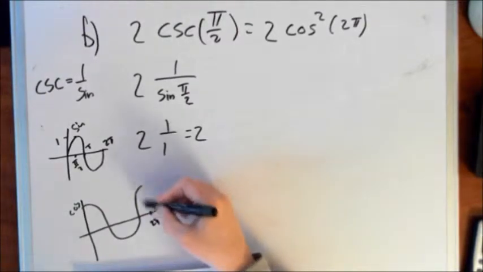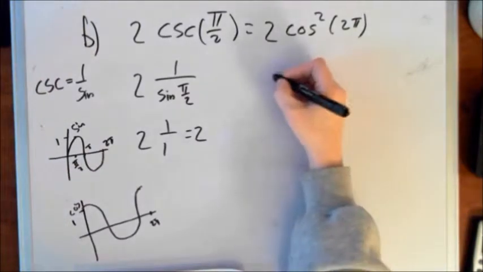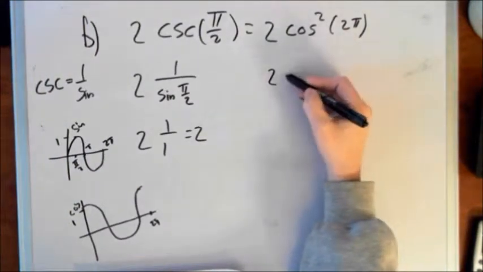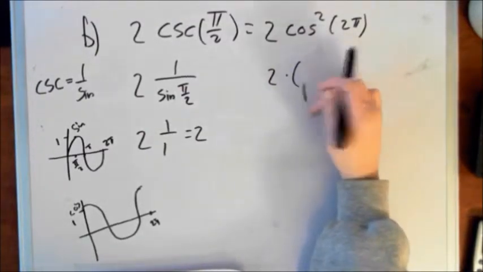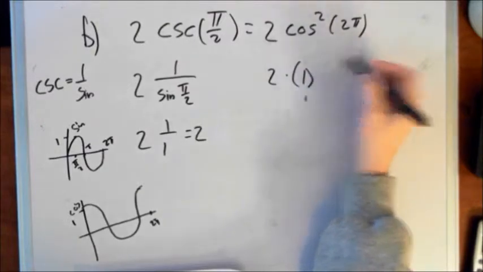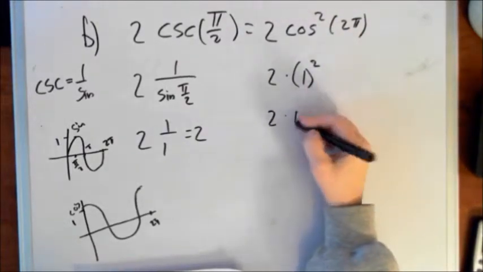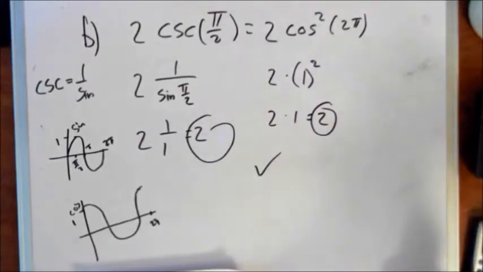So what is the cosine at 2 pi? Well, I know it's 1. So this is the same as saying 2 times the cosine of 2 pi, which is 1, and it's squared. So 2 times 1 squared is 2. So 2 is equal to 2.